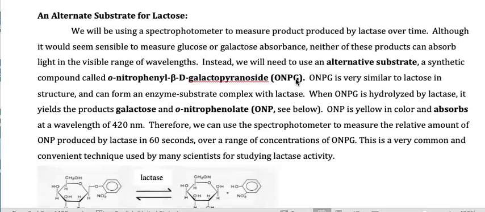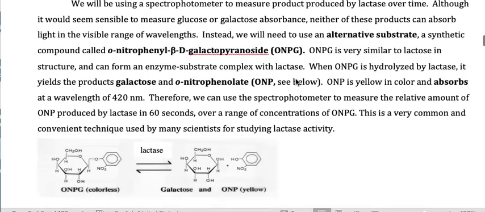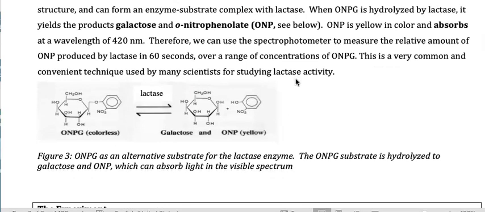ONPG actually looks a lot like lactose, and it's capable of binding to the active site of the enzyme lactase. Now, it doesn't make the same product molecules because it's not lactose, but if you look at the reaction down here in figure 3, you can see that ONPG will be broken down by lactase to make the simple sugar galactose and another molecule called ONP.